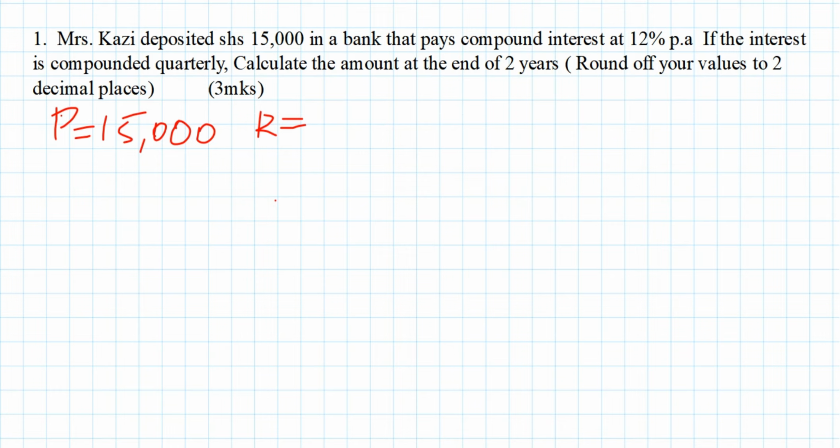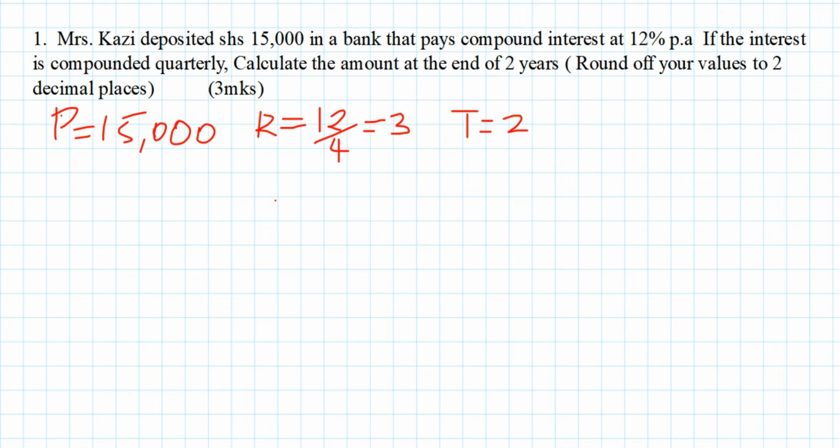And since we have got 4 quarters, that means we take the interest rate per annum and then we divide by 4 so that we can get the interest rate per quarter. And then when you divide by 4 there, we realize that our R is going to be equal to 3.